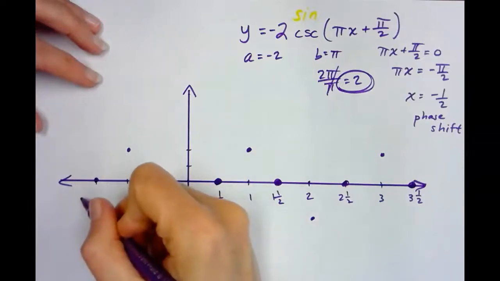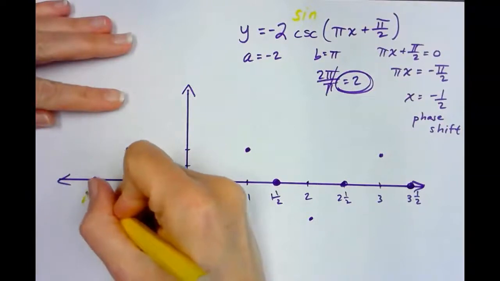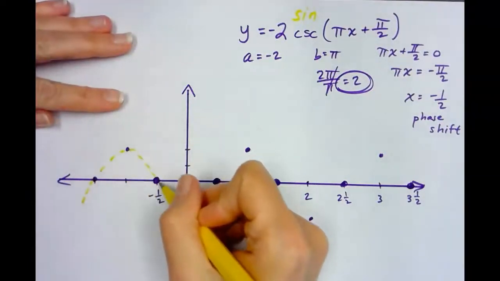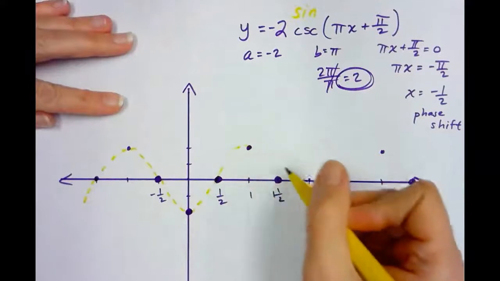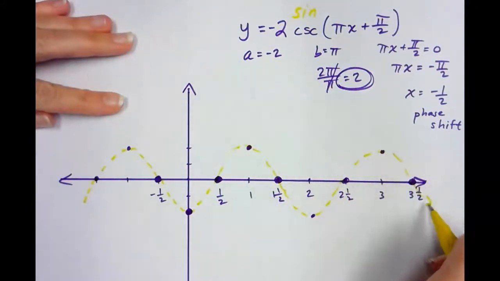So here is our sine curve. I'm going to graph it in yellow, and then we'll fill in the asymptotes for the cosecant.